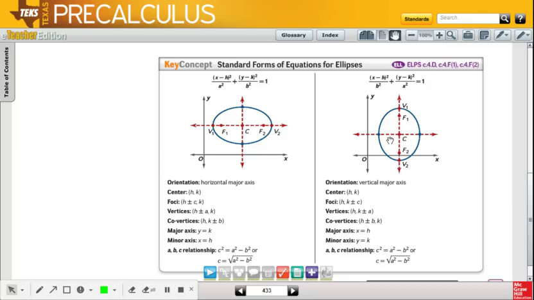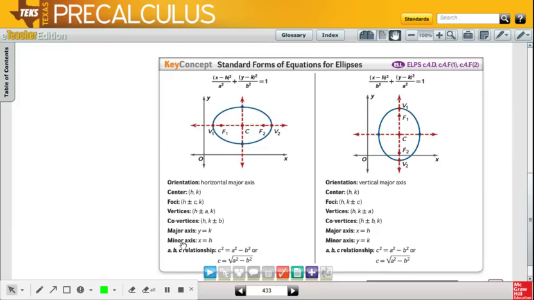Once you're able to distinguish between these two equations, make sure to know that there are separate formulas for parts such as center, foci, vertices, co-vertices, major axis, and minor axis. Same thing applies to parabolas.